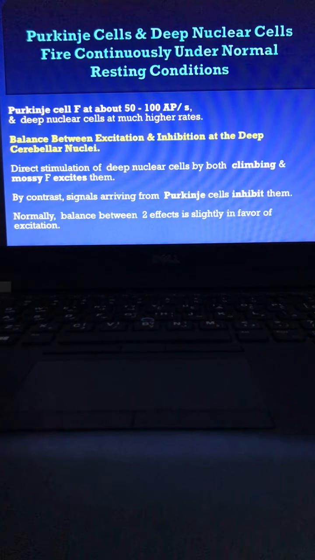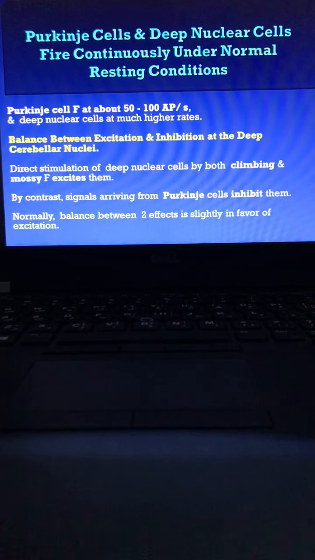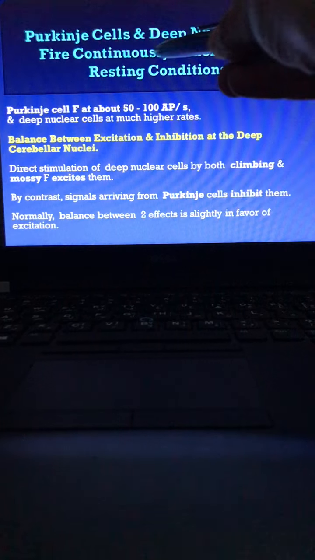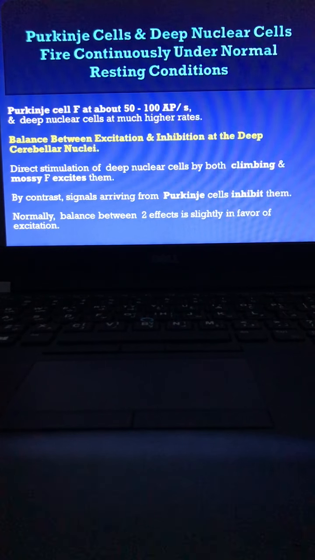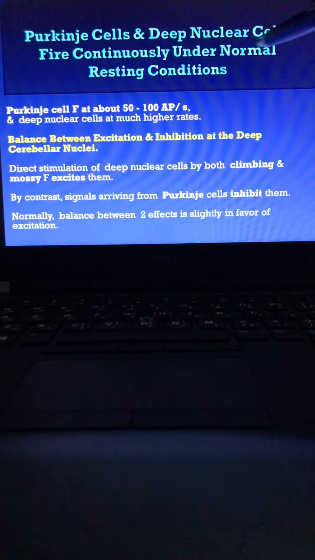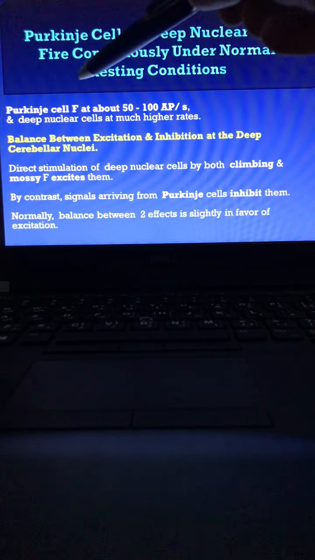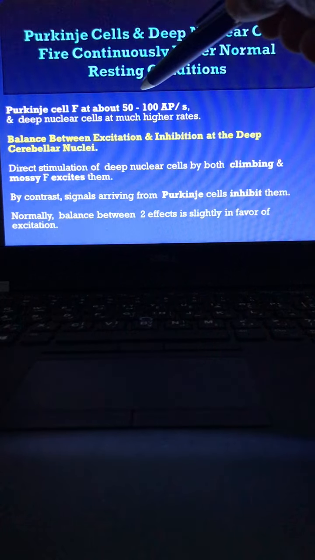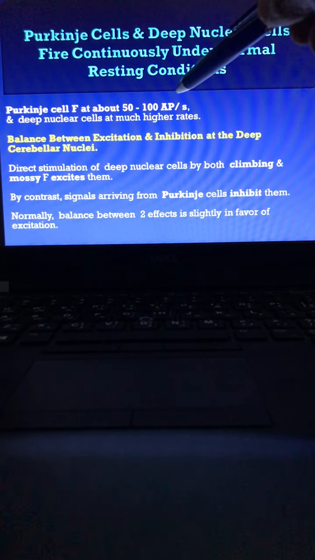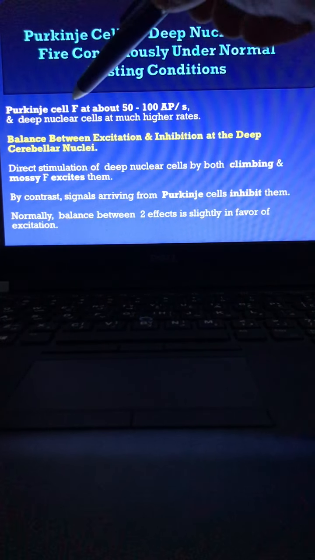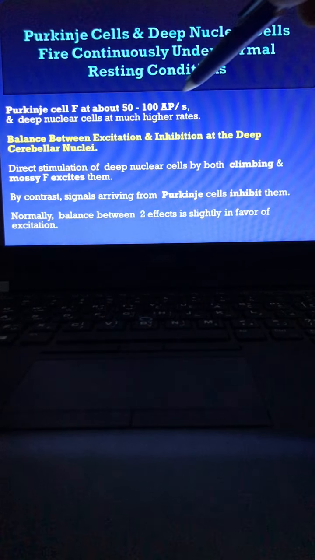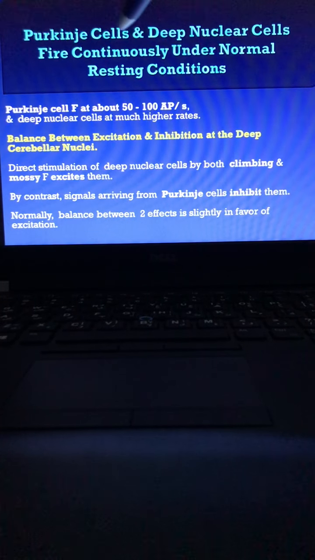Now Purkinje cells and deep nuclear cells fire continuously under normal resting conditions. The Purkinje cell fires at about 50 to 100 action potentials per second. Deep cerebellar nuclei fire at higher rates than this number.